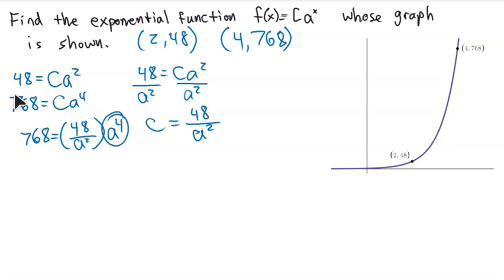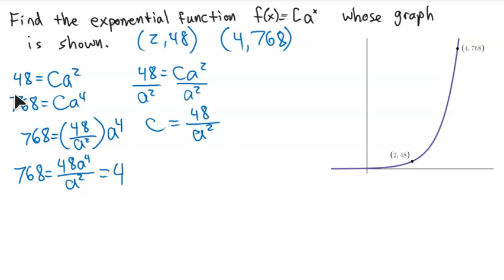Now we're going to multiply the a to the 4th times the 48. We put the a to the 4th in the numerator with the 48. So we get 768 is equal to 48 a to the 4th power over a squared. The a to the 4th over a squared, we can cancel the a squared by taking 2 out of the a to the 4th, so this a to the 4th becomes a squared.